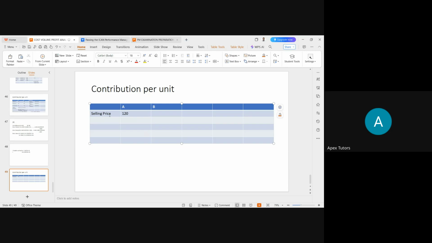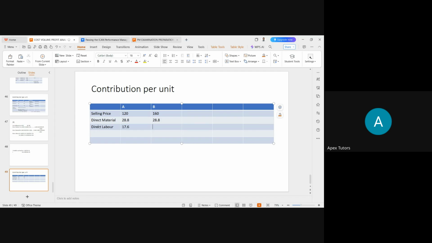For product B, it has reduced to 160. Now the direct material for product A will be 28.8. We'll solve for all this. For direct labor, it will be 17.6.